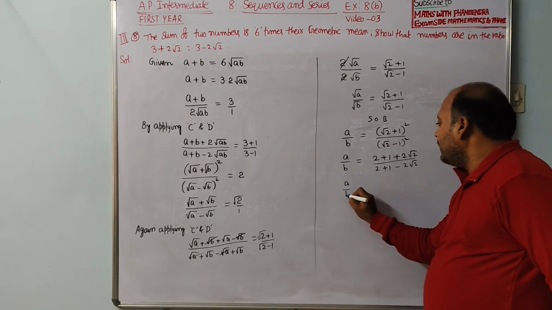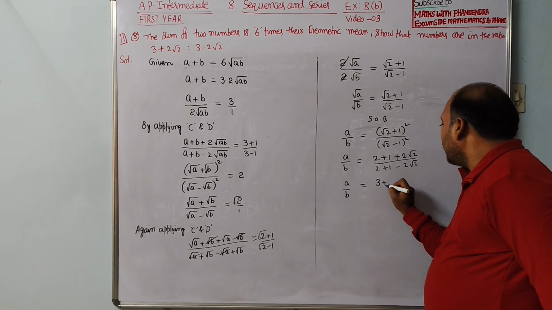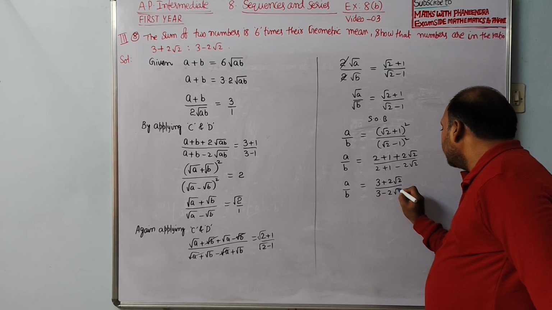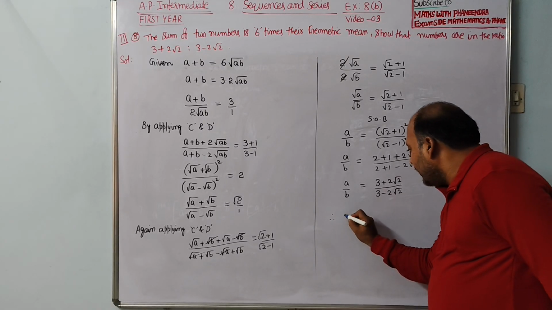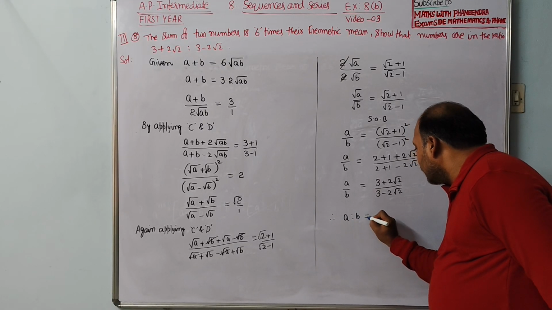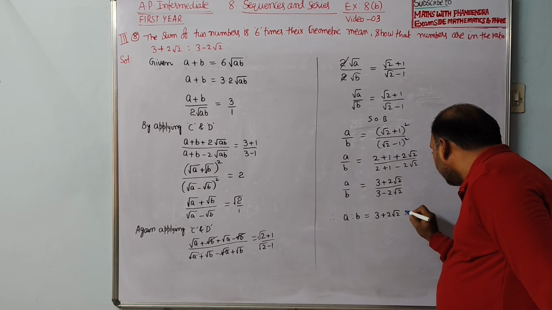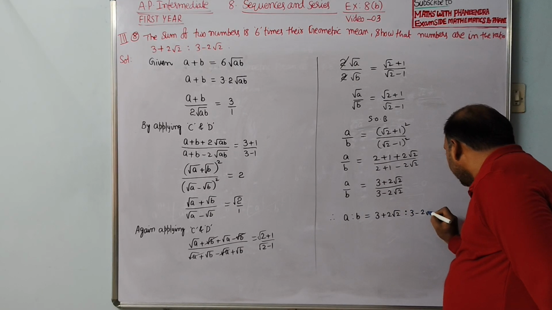So a by b is equal to (3 plus 2 root 2) divided by (3 minus 2 root 2). So therefore a is to b is equal to 3 plus 2 root 2 is to 3 minus 2 root 2.